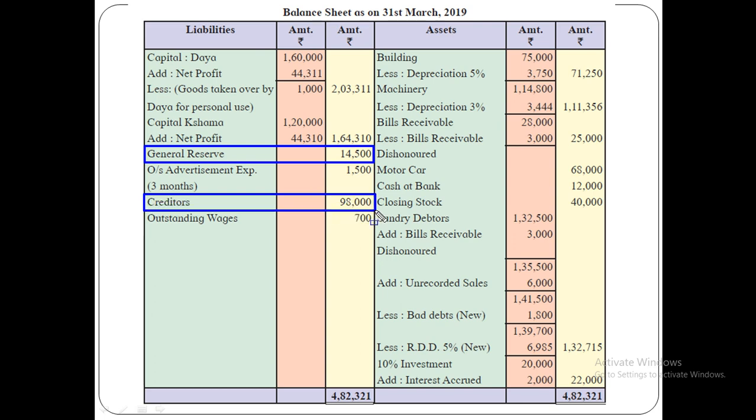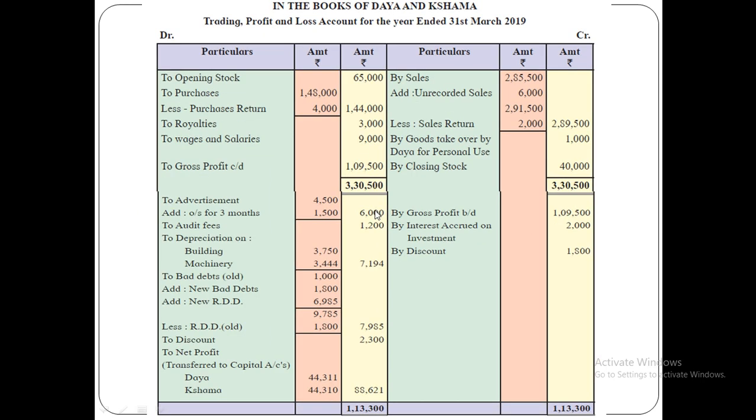Next is RDD. Here RDD is an item of the trial balance, and here we have to mention this as old RDD. RDD given in the trial balance is known as old RDD, and according to the formula we have to deduct old RDD if it is less than new RDD.